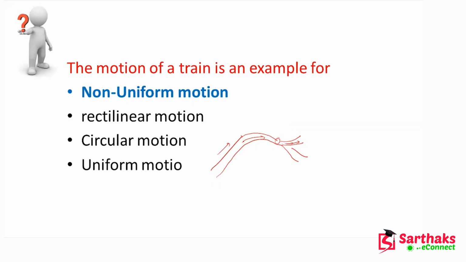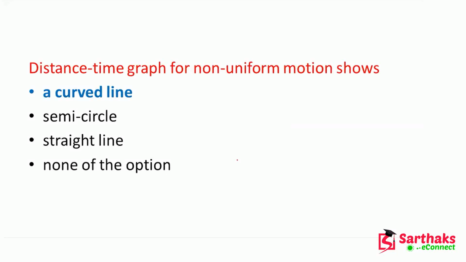That means at the time of this curvature, it may have covered a different distance with respect to this. So that is the non-uniform motion. Distance-time graph for non-uniform motion shows a curved line. Because for uniform motion it was like this, and for non-uniform motion it was like this, right? So that means it is a curved line.